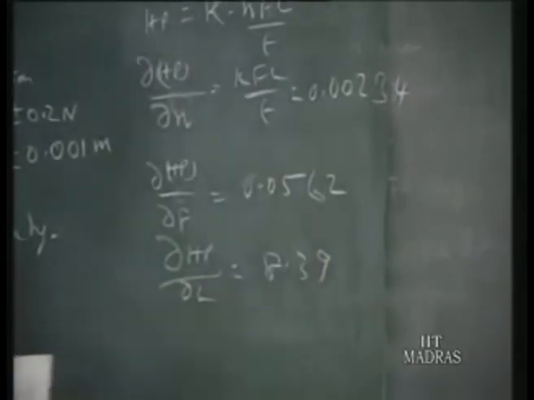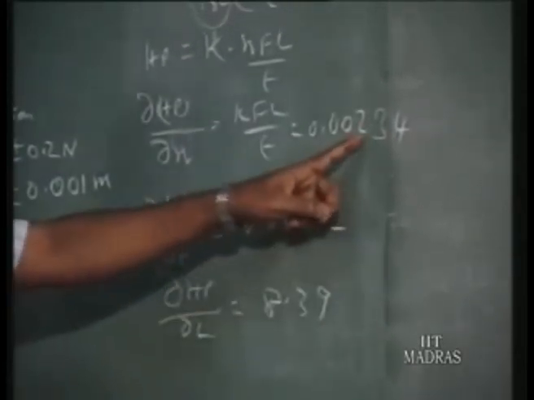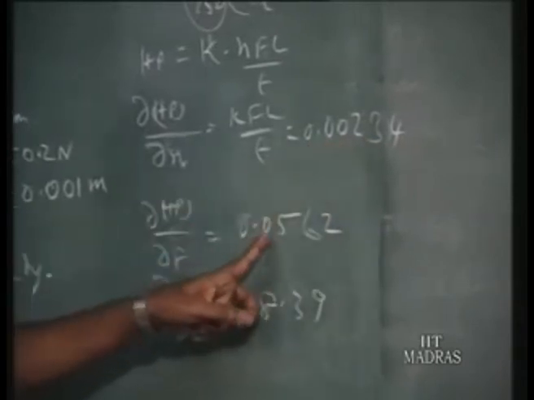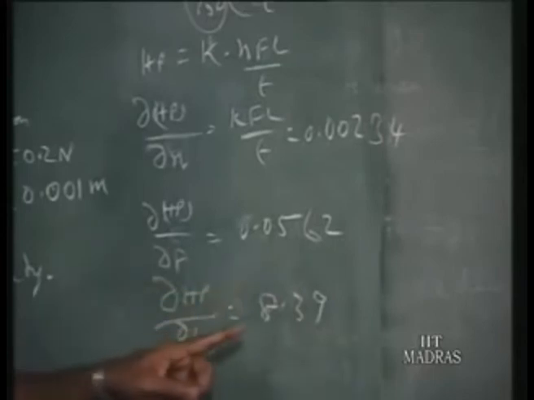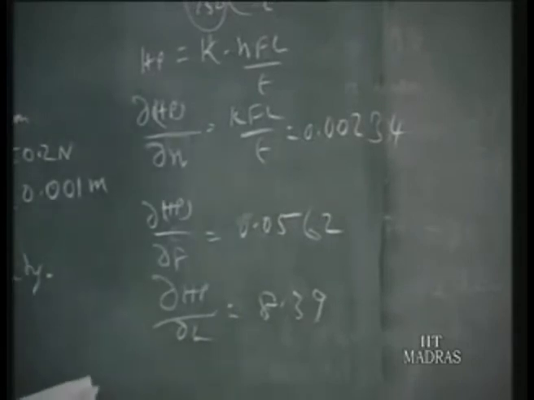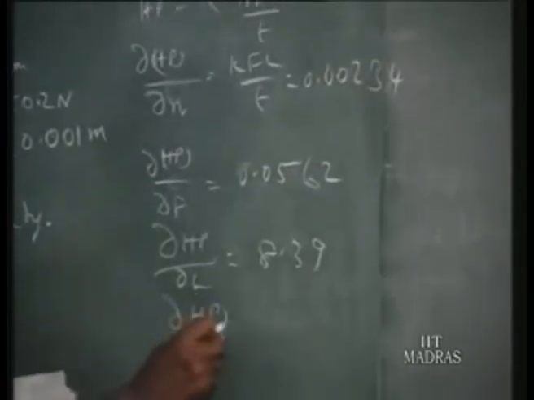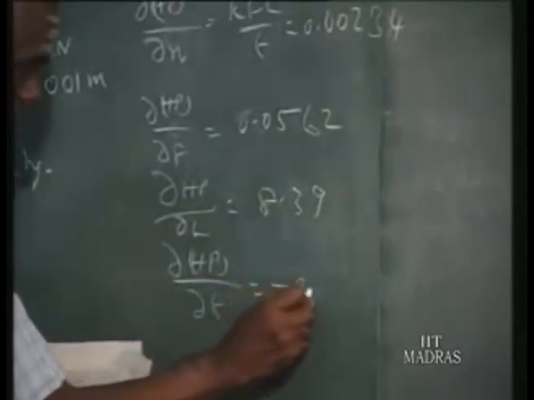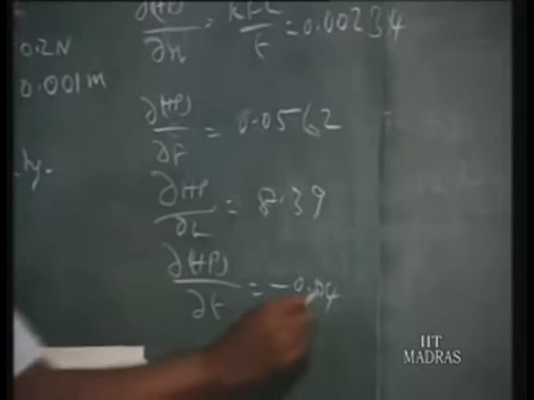See, we are computing up to 3 significant figures. The leading zeros are not significant, so we have got 3 significant figures, 562 here, and 3 significant figures, 839 here. That is the rule which I narrated earlier. And now dou Hp by dou T is equal to minus 0.0468.